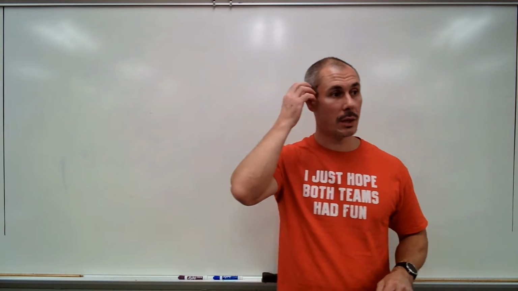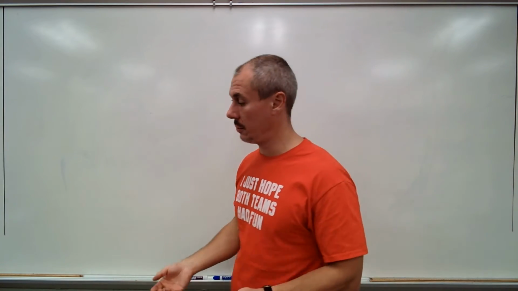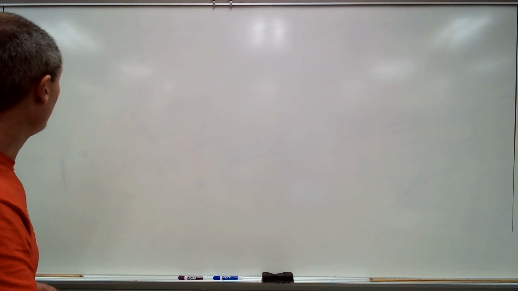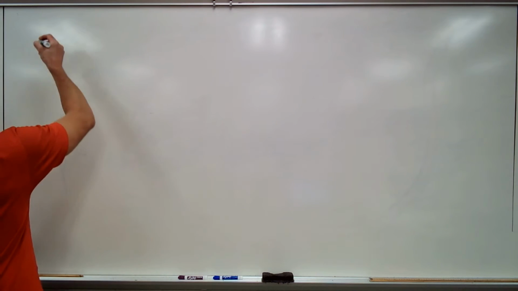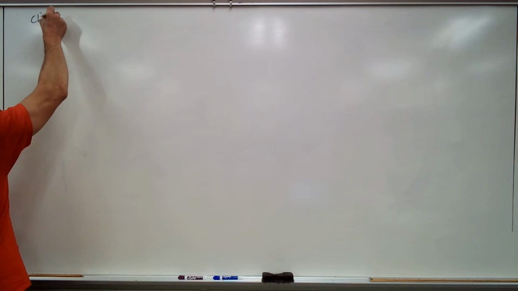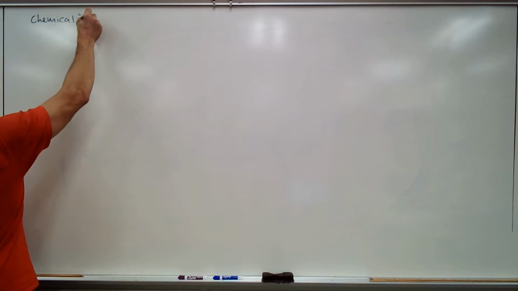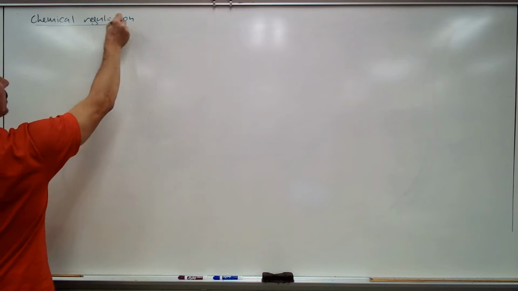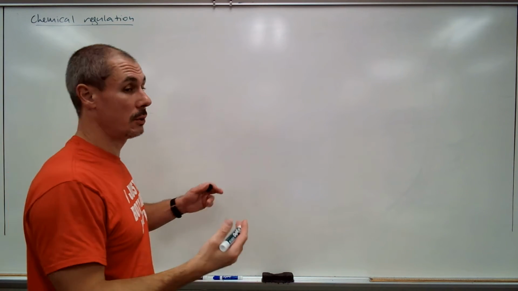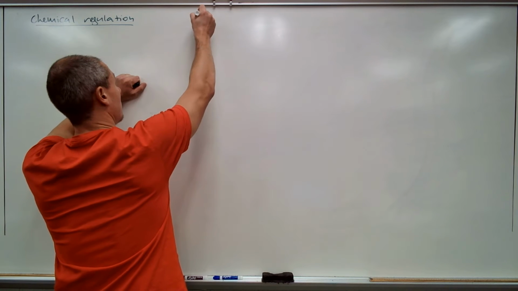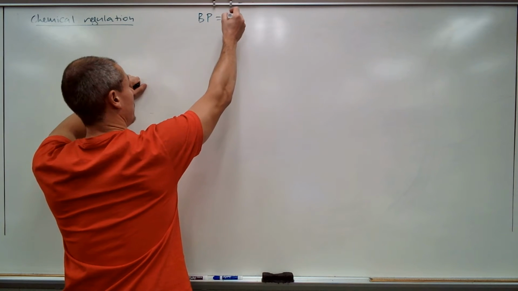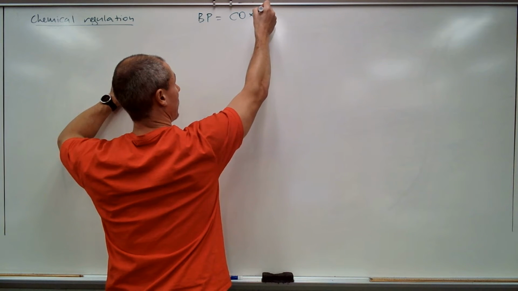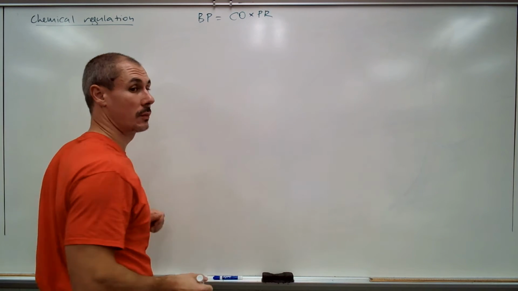Okay, so how does the chemical composition of the blood influence the blood pressure? When we talk about chemical regulation, we can write this down. Blood pressure is proportional to cardiac output multiplied by peripheral resistance.